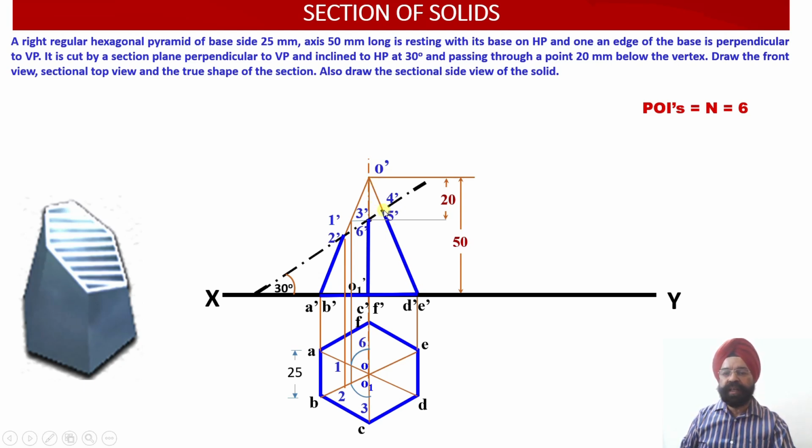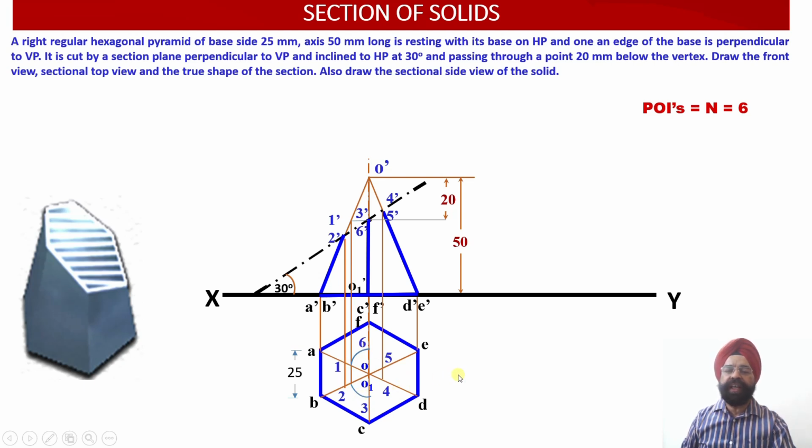So from this POI, common POI for 4 dash and 5 dash, again I am going to draw a vertical projector. Just see, I am going to draw a vertical projector. So it is going to cut OE over here. So this gives me the location of point 5, and it cuts OD at this point. So this gives me the location of point 4 over here. So all these 6 points have been located in the top view.